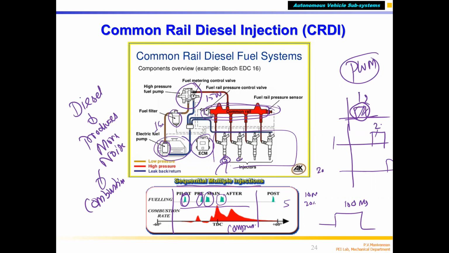Since you inject fuel in multiple quantities, the fuel droplets will be smaller and the temperature will be easy, so all the diesel fuel will evaporate. This is called multiple injection, sequential injection. This is also possible in common rail injection, which gives less particulate matter, because of the high pressure injection, and less diesel combustion noise. These are the advantages of diesel injection.